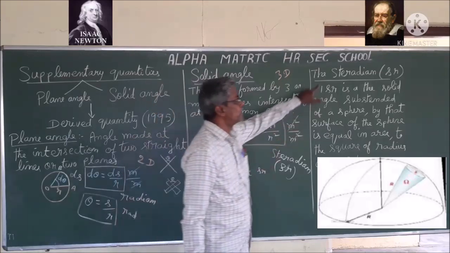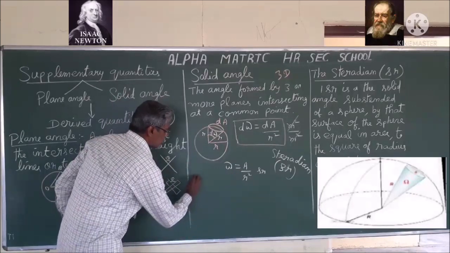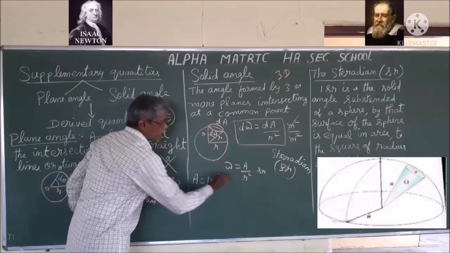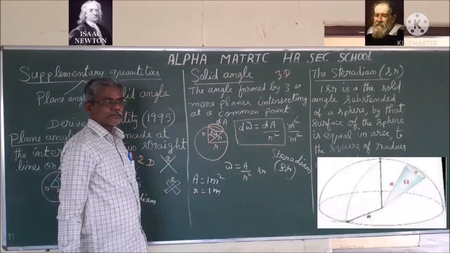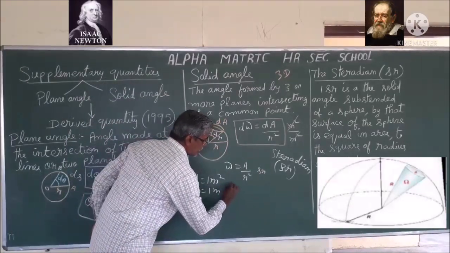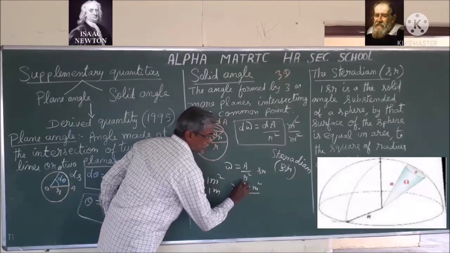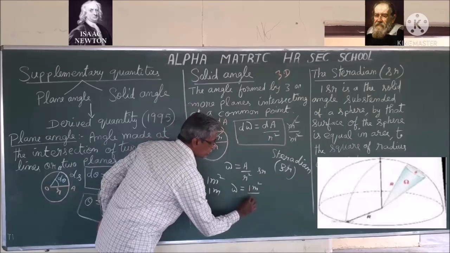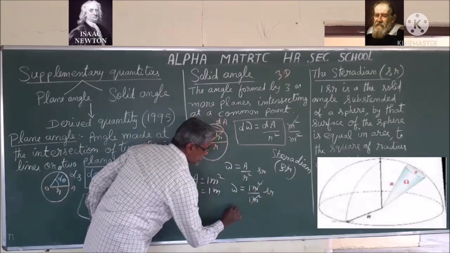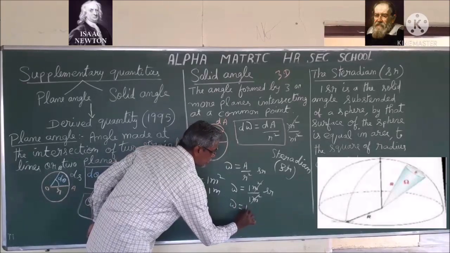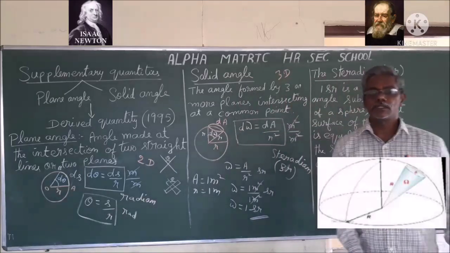Now, I am going to define one steradian. Area is equal to 1 meter square and radius is equal to 1 meter. Then solid angle omega is equal to 1 meter square by 1 meter into 1 meter. So we will be getting 1 meter square by meter square steradian. So it will cancel. So omega is equal to 1 steradian.